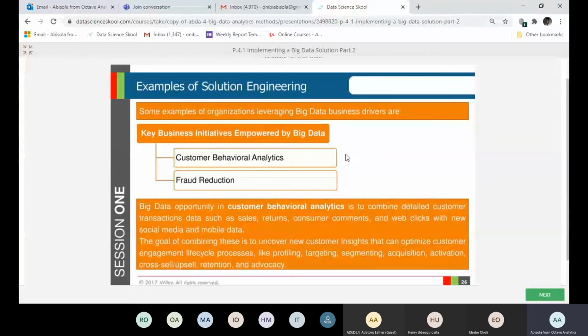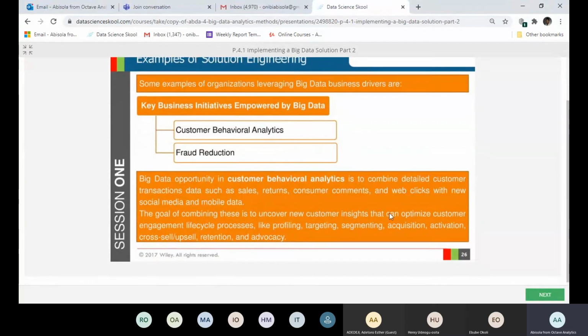So we have some examples of solution engineering. Some examples of ways that organizations actually use big data. So we have customer behavioral analytics and we have fraud reduction. So for customer behavioral analytics, you are combining detailed customer transactions and also external data like social media data, and you are combining all of this together to be able to derive insight into what your customer wants and into the behavior of your customer.